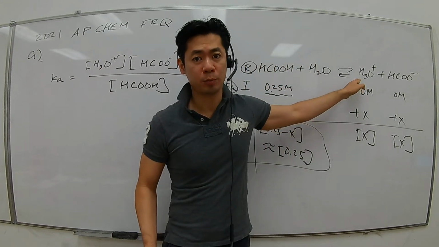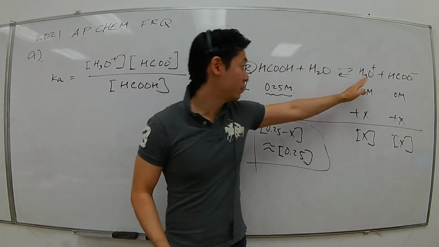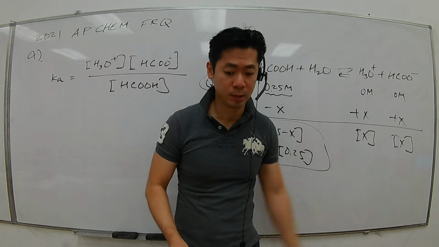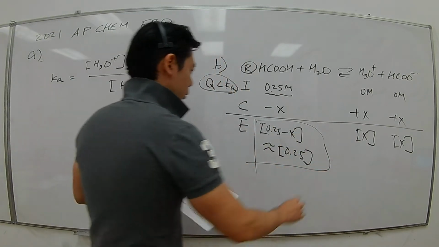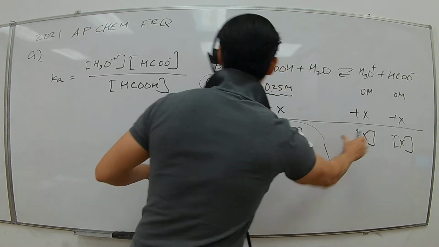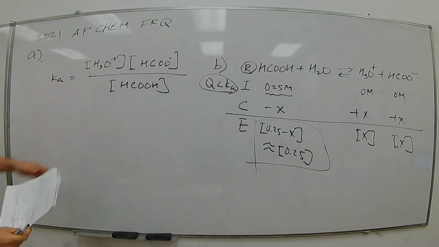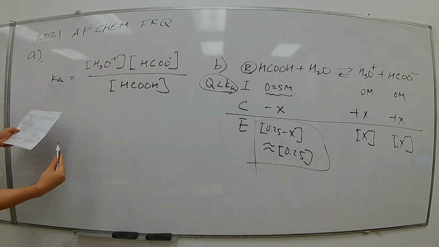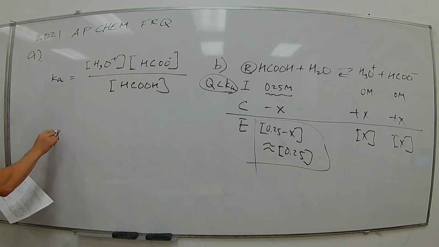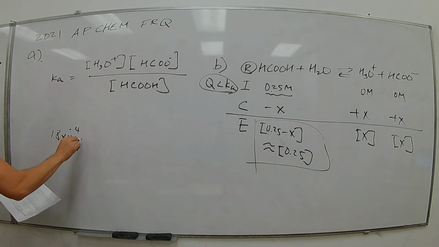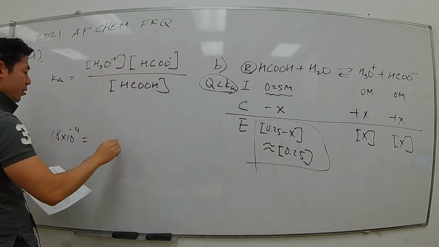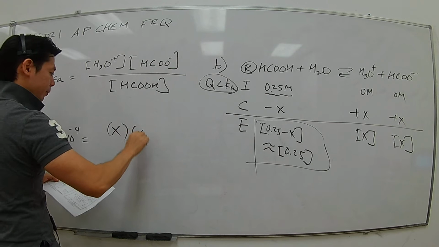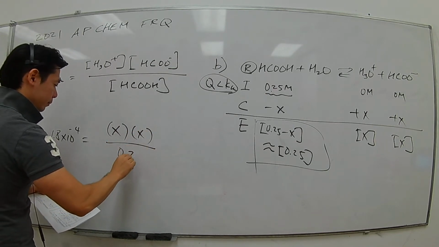Now, since we need the x value, because x represents the concentration of the hydronium ion, H3O+, and taking the negative log of x gives the pH, let's calculate. You put these values into the K expression. Ka is equal to 1.8 times 10 to the power of -4, which equals x times x divided by 0.25 molar.